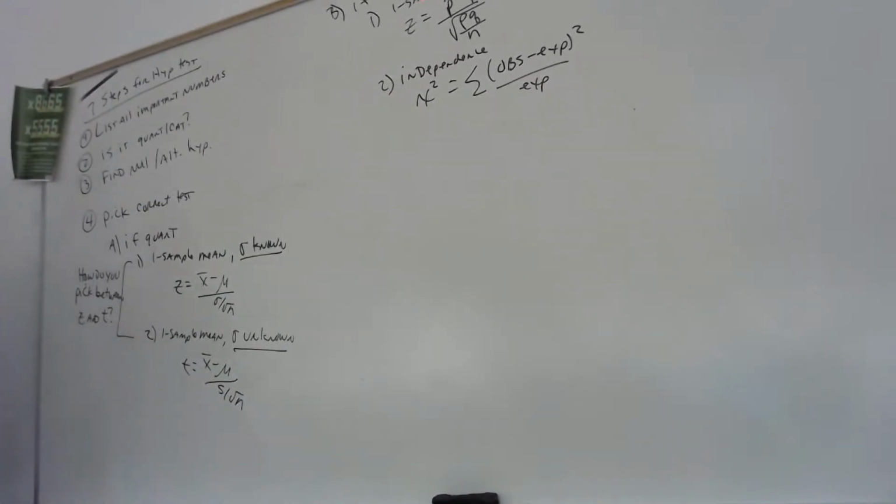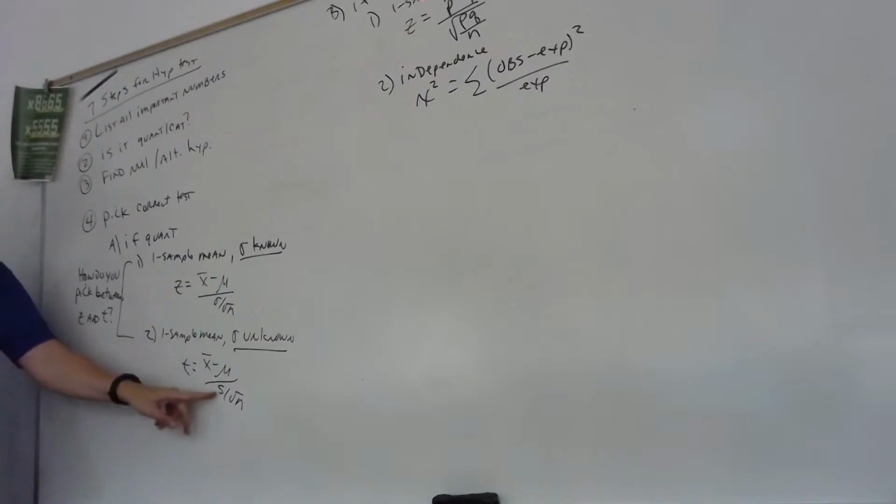Because this will be one of the ones you guys are going to struggle with. If you know or you don't know your sigma. If you know the sigma versus you don't know the sigma. You're always going to know your S because you collected the data. Okay? The question is, do you know the sigma? If you know the sigma, it's a Z. If you don't know the sigma, it's a T. Okay? All right.